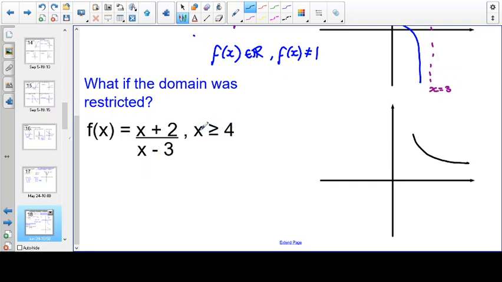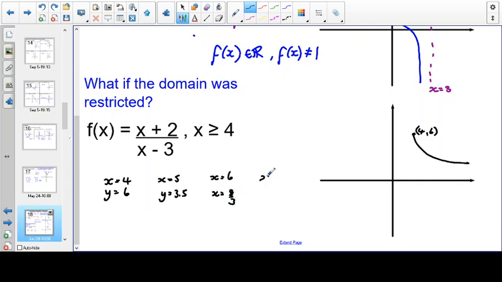Okay. The alternative, if you have a funny restriction, is just to consider what happens when x is 4 and bigger. So when x is 4, like I just said, y is 6. That's there. When x is 5, y would be 7 over 2. When x is 6, y would be 8 over 3.